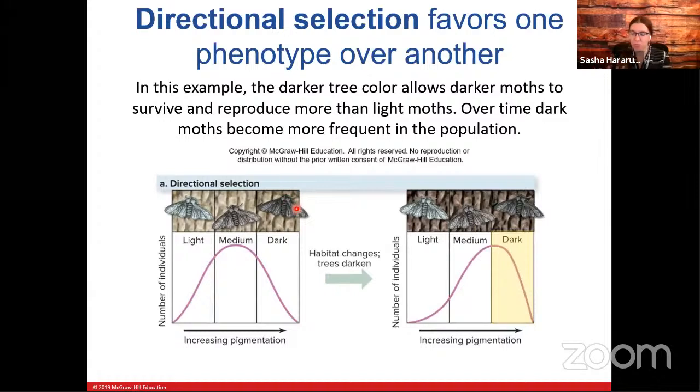And remember, fitness in terms of evolution is basically the ability of an individual to survive long enough to reproduce and be successful in reproducing. Any questions about this example? This kind of change in phenotype is called directional selection.